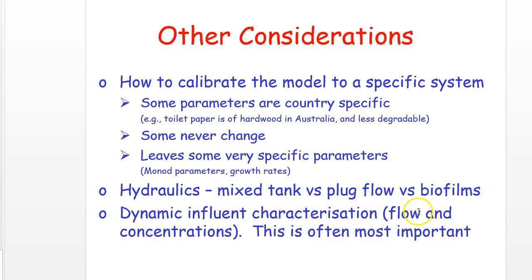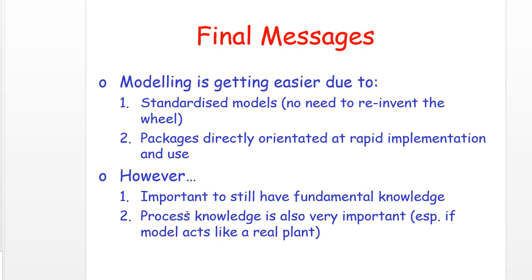But what we can change and what does change in real life is the influent, whatever is coming to the plant. It changes over the day, week, year, and that is also something that you can change in the model to see what happens. Will it handle the winter conditions, for instance? And then the final message: modeling is getting easier due to the fact that they become standardized. We've shown a few examples here.